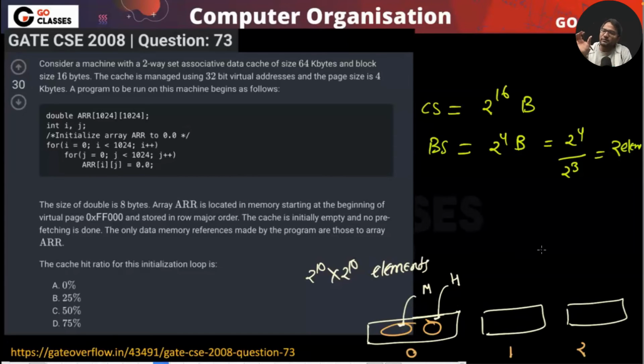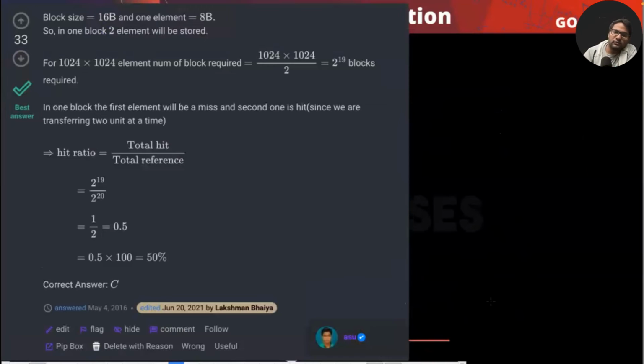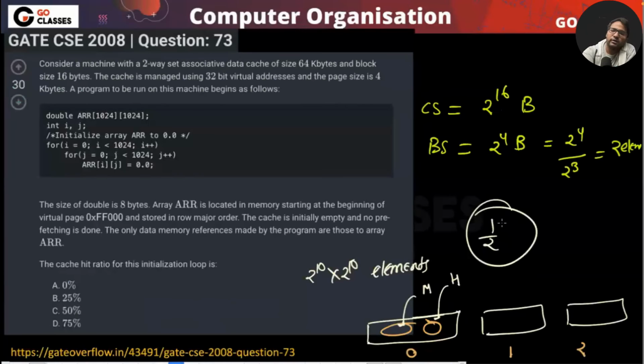If the block size is the same, whether it is direct mapped or 2-way set associative and so on, it won't matter. Miss and hit. So the miss rate is 1/2. Understood? Even if it's direct mapped or 2-way set associative, these things won't matter for this particular question.